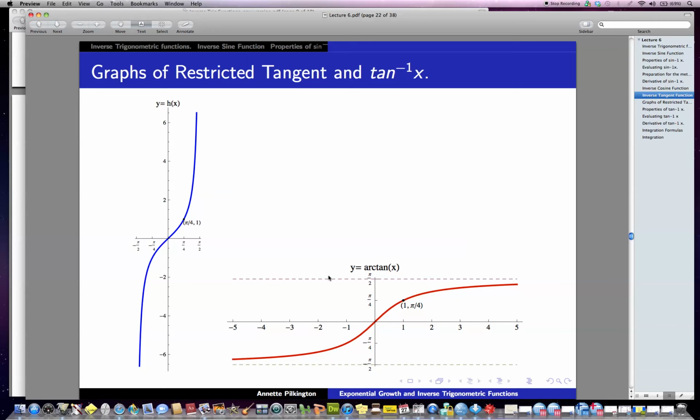And when we reflect the graph, we get two horizontal asymptotes, one at y equals pi over 2 and one at y equals minus pi over 2. So this allows us to see what the limit as x tends to infinity of tan inverse of x is. It's equal to pi over 2, because the graph gets closer and closer to the line y equals pi over 2, and the limit as x tends to minus infinity of arctangent of x is minus pi over 2.